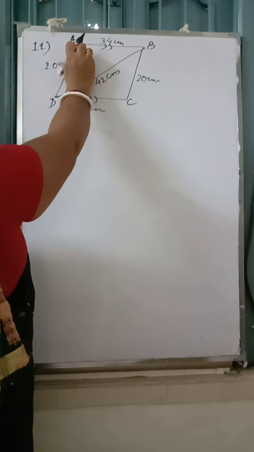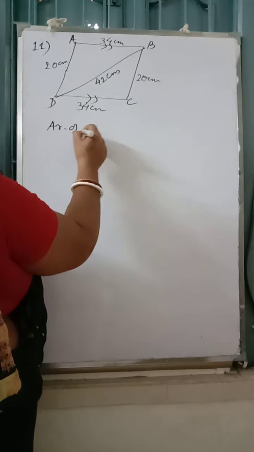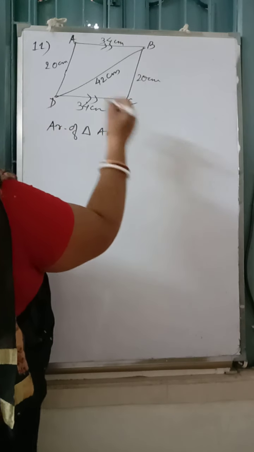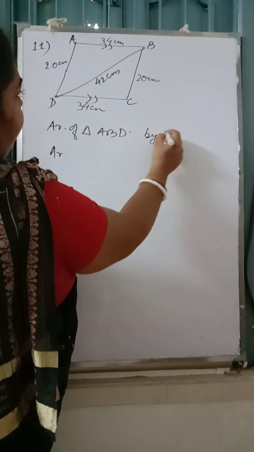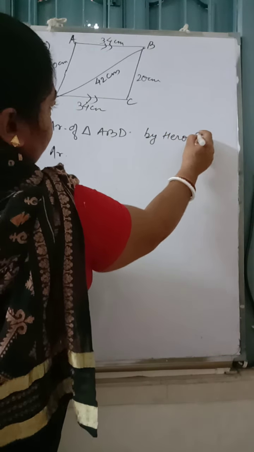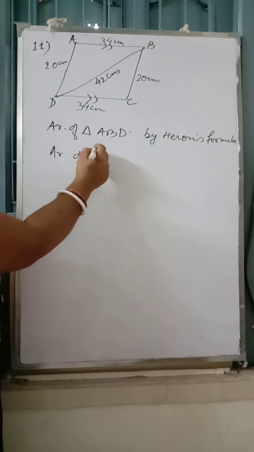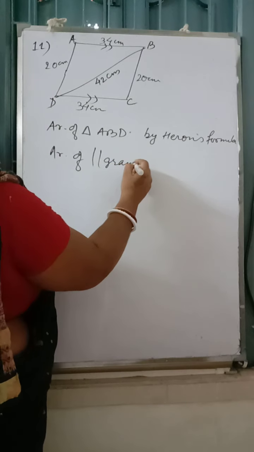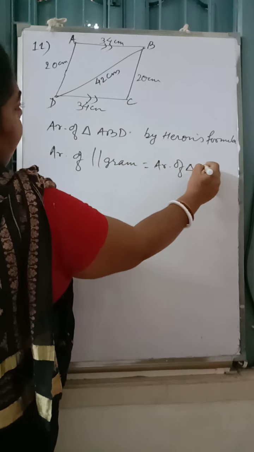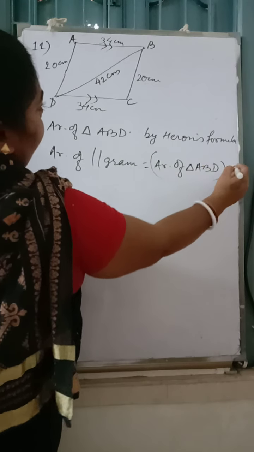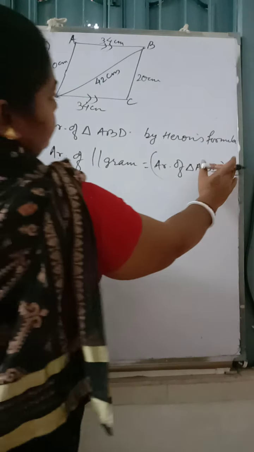So we can get the area of triangle ABD by Heron's formula. And the area of the parallelogram is equal to the area of triangle ABD into 2. We'll get the area of the parallelogram.